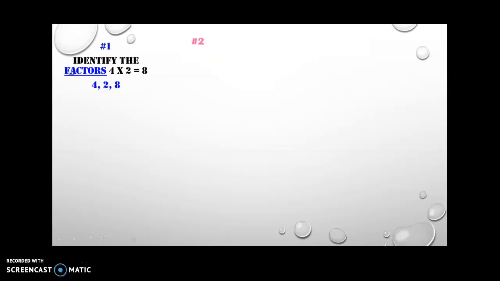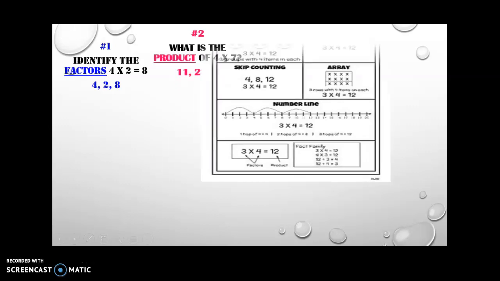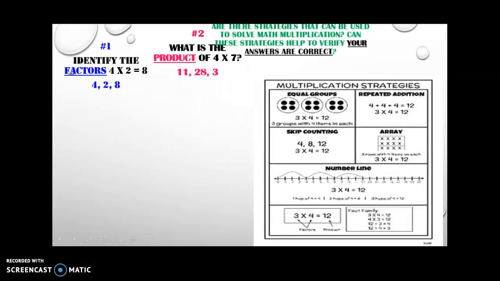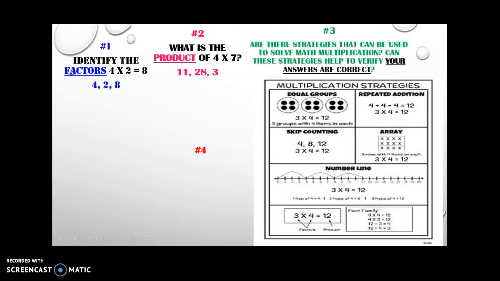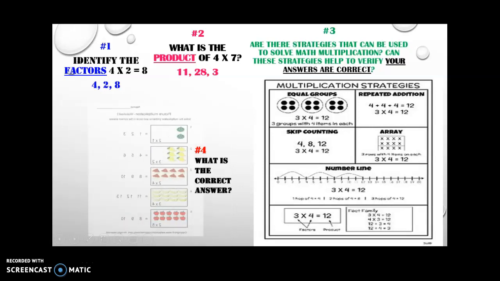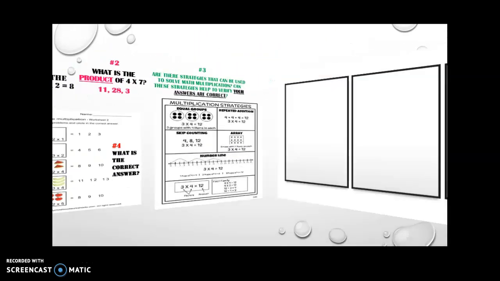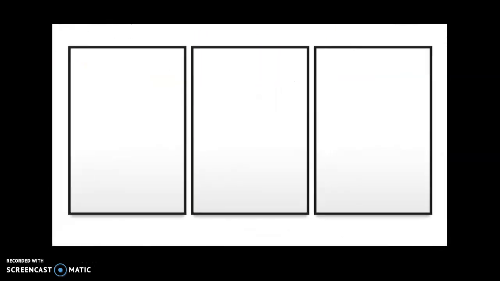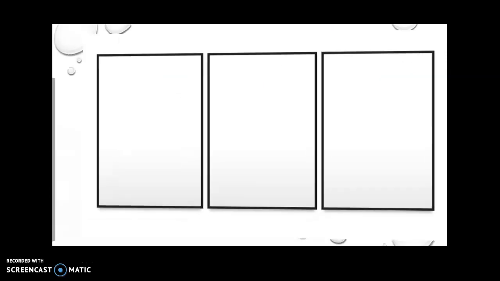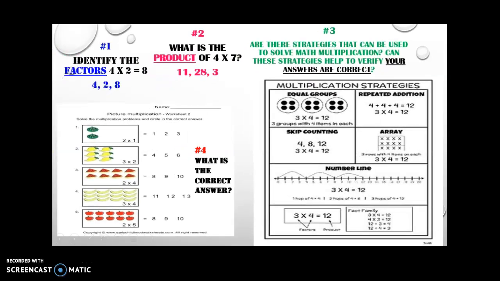Okay, we have 4 questions that I would like for you to answer on your exit ticket, and I will go over the questions and then I will be quiet and I will let you complete your answers. Okay, you're going to identify the factors in this multiplication problem.